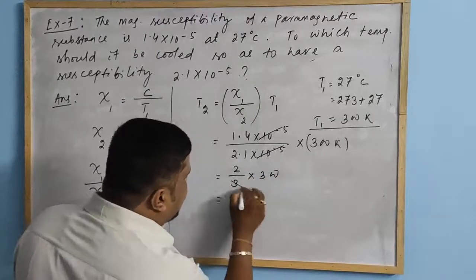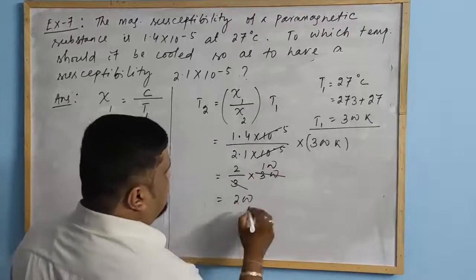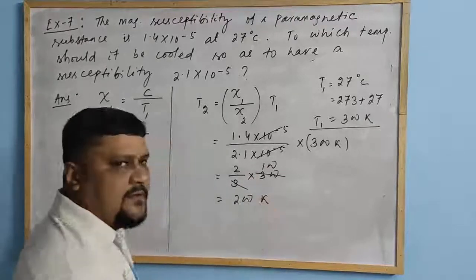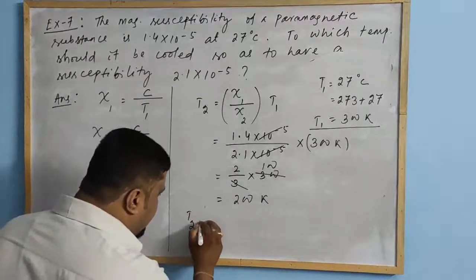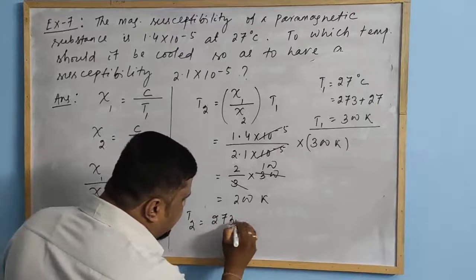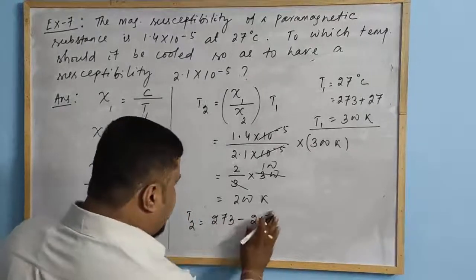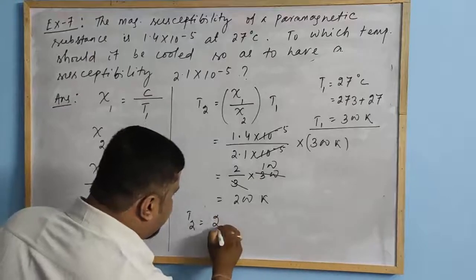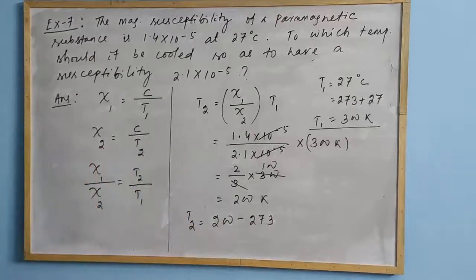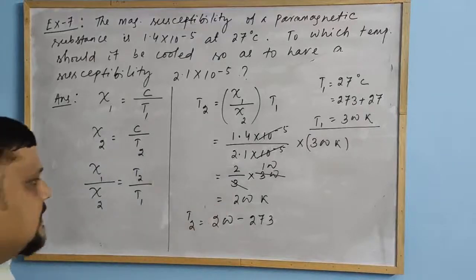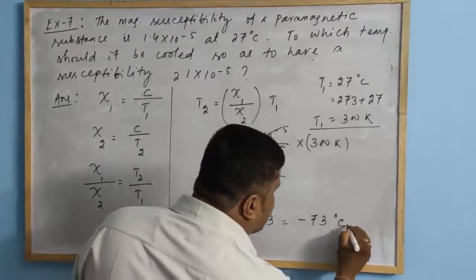So this is equal to 200 Kelvin. If you write in degree centigrade, T2 is equal to 200 minus 273, because Kelvin to degree centigrade, this is equal to minus 73 degree centigrade.